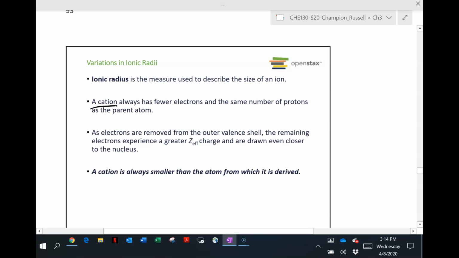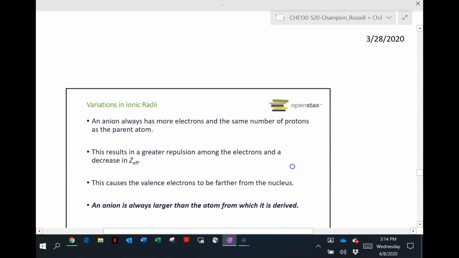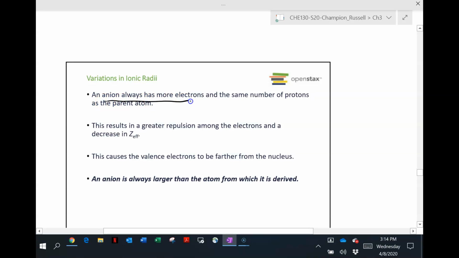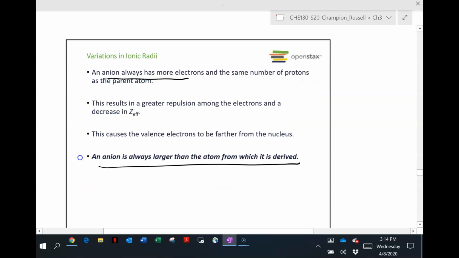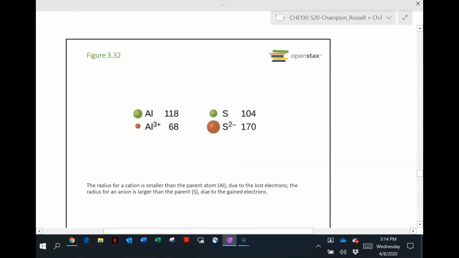If you take away electrons, it's always going to be smaller, right? And the opposite of a cation is an anion. With an anion, you're always adding electrons, and that means it's always going to be larger than the atom. So no question there.